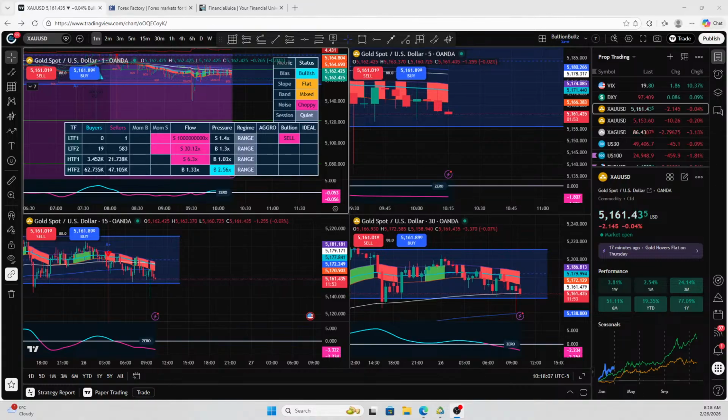Overall it's just been ranging. It seems like the market is starting to sell again, but we just have to wait for a clear direction to form here.